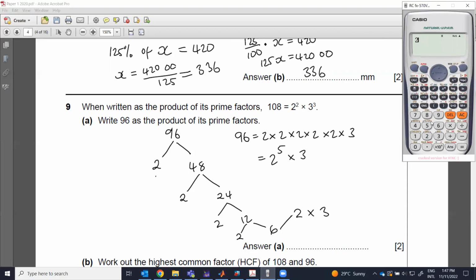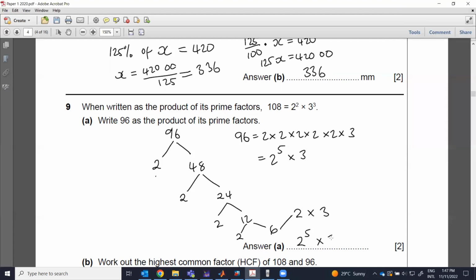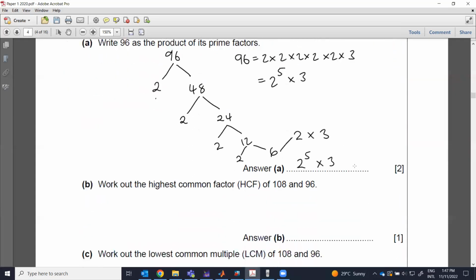If you try this on your calculator, 2 to the power of 5 times 3 gives us 96. So this is how you break it down. Start with the smallest prime numbers that can go into your number, and then you keep breaking it down until your chain only contains prime numbers.